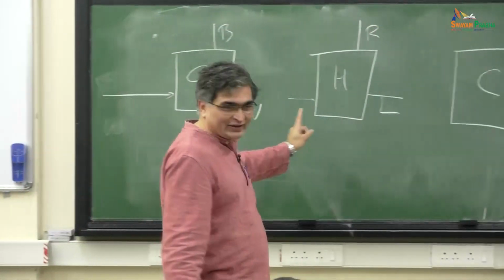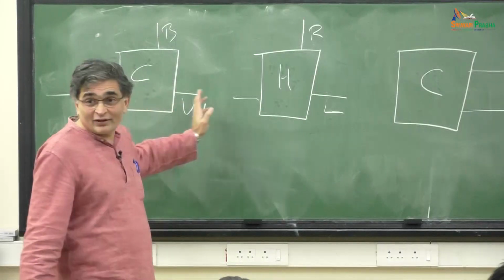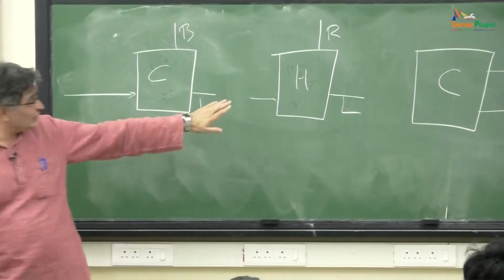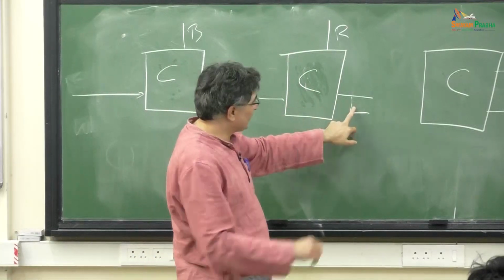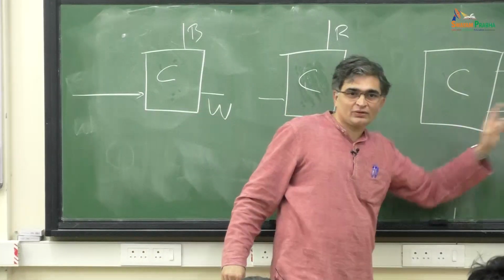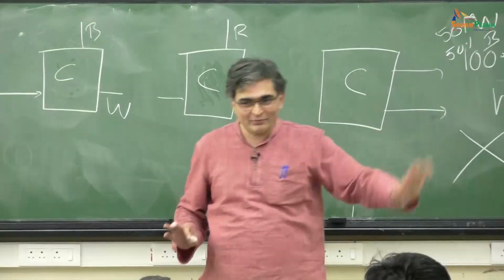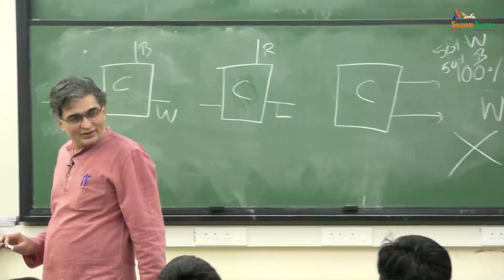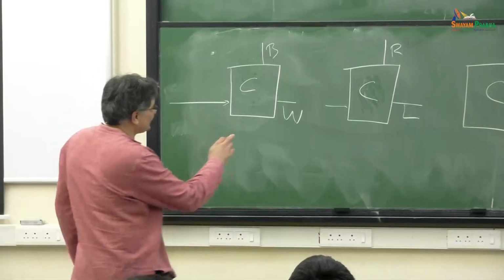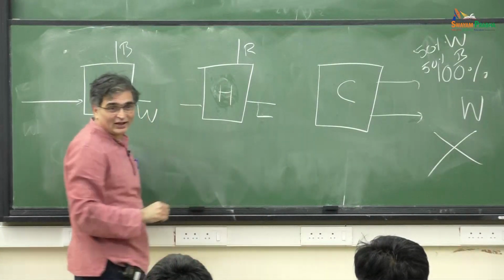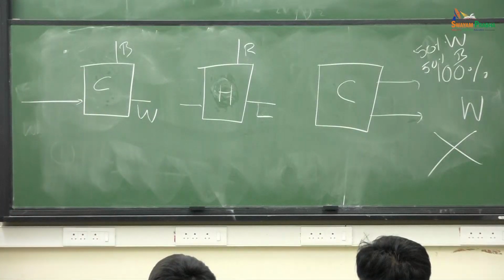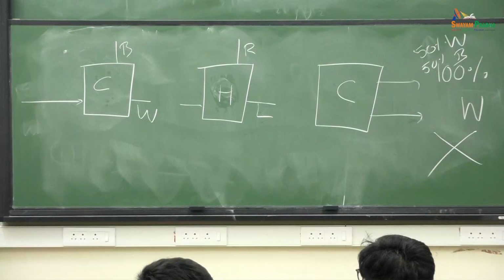If there was a color box here, it will come out as W and again as W, no problem. One more box you put, it will continuously remain W. However, if you measure its handedness, it changes the statistics.